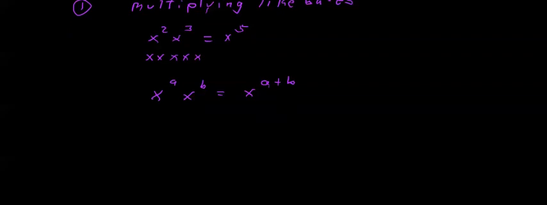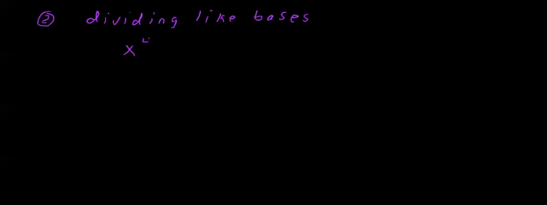All right, number 2. Dividing like bases. If I have x to the 4th divided by x to the 3rd, that's the same as x times x times x times x divided by x times x times x.